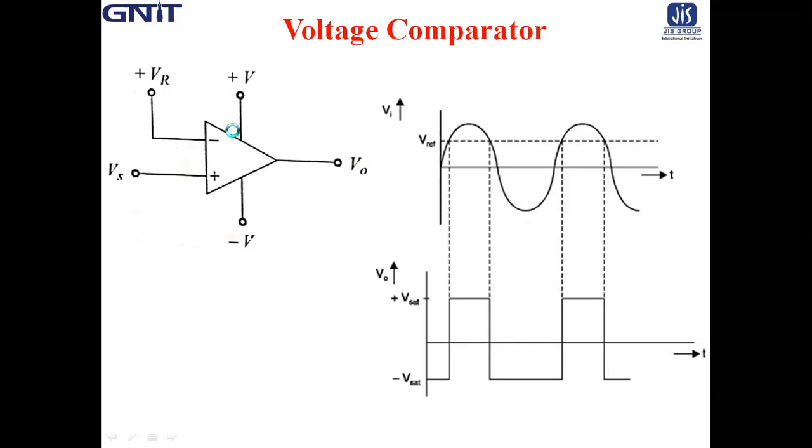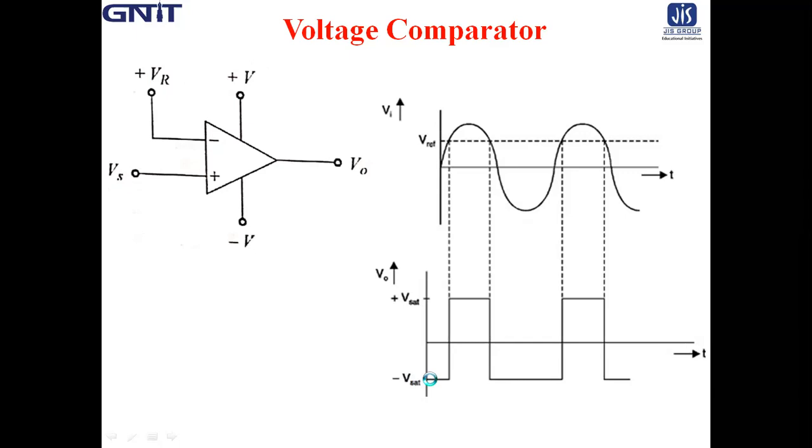If the voltage at the non-inverting input terminal, say V1, becomes slightly greater than the voltage at the inverting input terminal, say V2, the op-amp quickly switches to the maximum positive output voltage, say plus V, and if V2 is slightly greater than V1, the op-amp switches to the maximum negative output voltage, say minus V. This behavior results from the very large open loop gain.